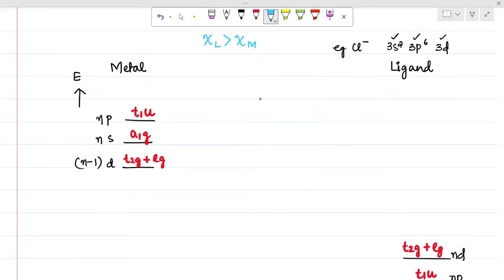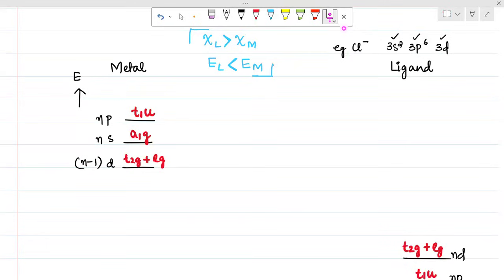So when the electronegativity increases, correspondingly, the energy of the ligands would be less than that of the metal. This is one concept that you will be seeing now, as well as again in charge transfer concepts. Very important. As the electronegativity of whatever species you consider increases, the position of the energy decreases. Chloride being more electronegative than any metal that you take, its position is comparatively lower than that of the metal.